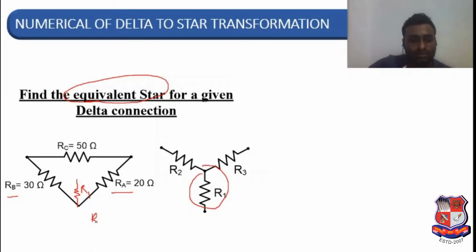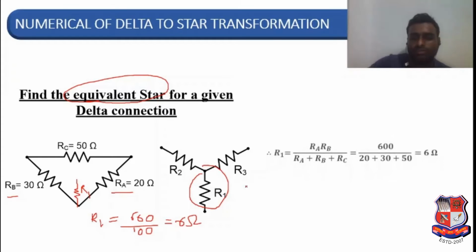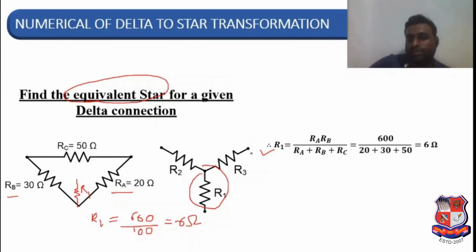So R1 should be equal to the product of the neighboring resistances, which will be 600, divided by the total summation, 20 plus 30 plus 50, which is 100. So R1 should be equal to 6 ohms. Before seeing the other two resistances, pause the video and find R2 and R3 on your own. Okay, let us move further.